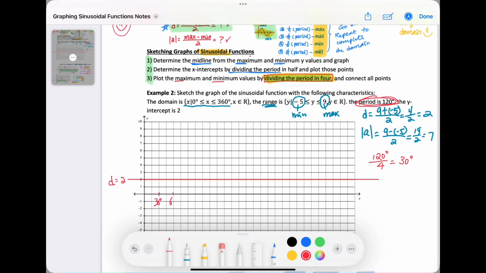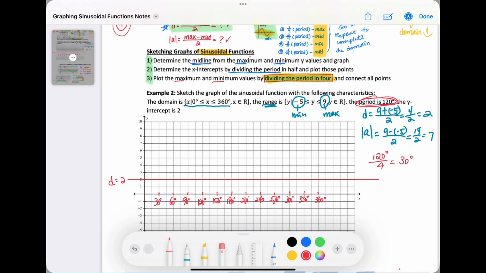The next one will be 60, 90, 120, 150, 180, 210, 240, 270, 300, 330 degrees, and the last one will be 360 degrees. Done. That is my entire domain.